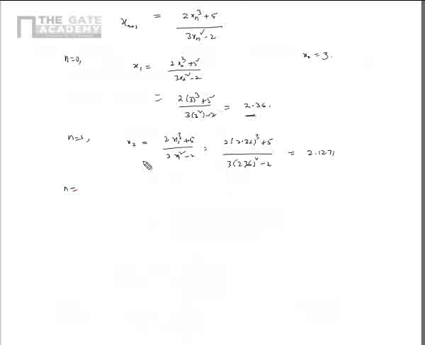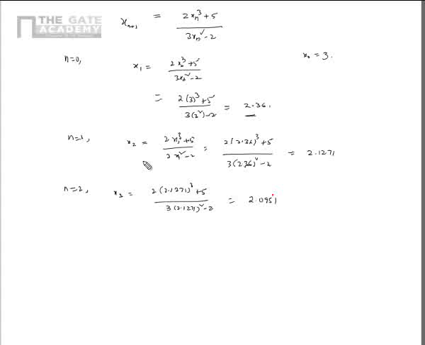Similarly, for n equal to 2, x3 is (2 into 2.1271 whole cube plus 5) by (3 into 2.1271 whole square minus 2). If we compute this with a calculator, writing up to 4 decimal places, it is 2.0951.